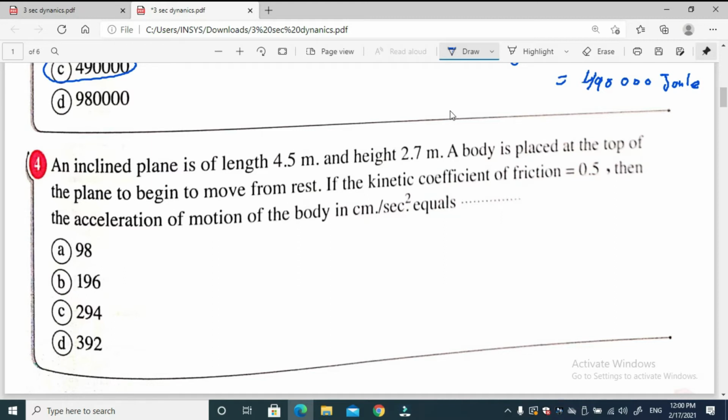An inclined plane of length 4.5 meter and its height 2.7 meter.